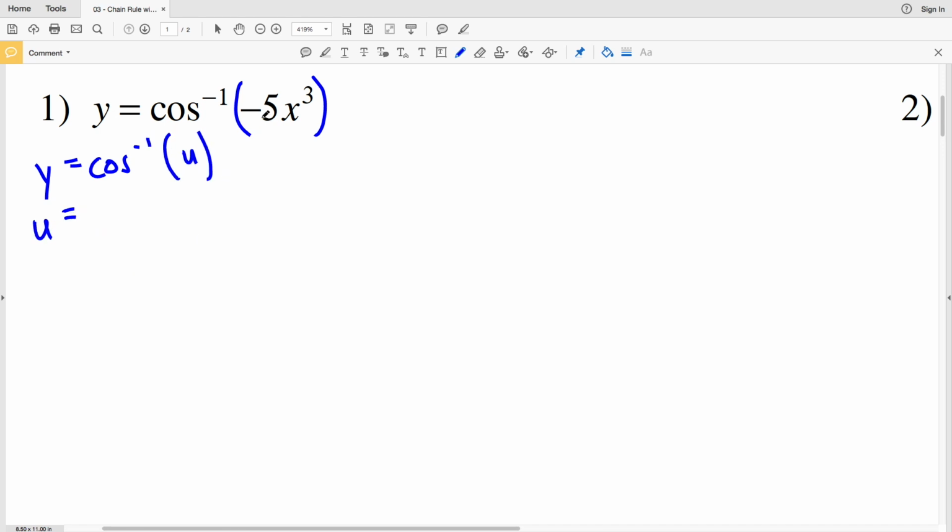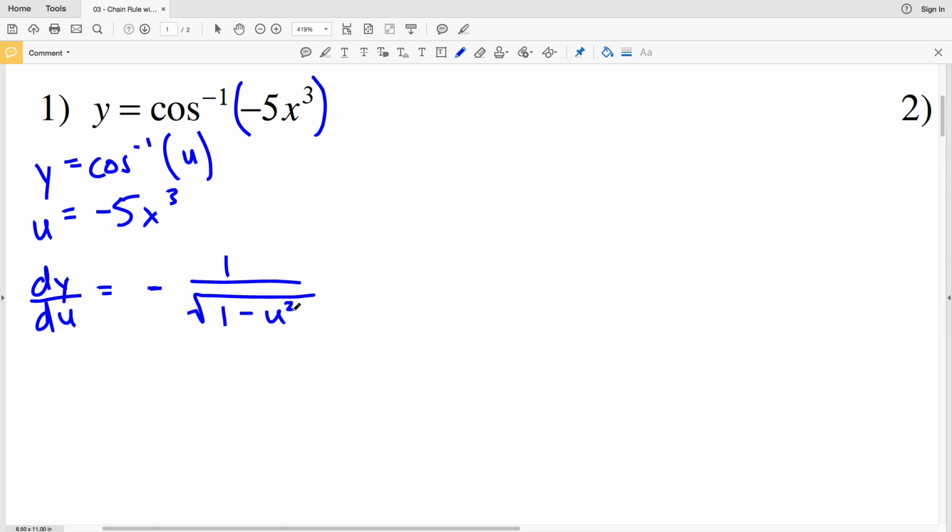And u is going to be that inside function of negative 5x cubed. So when we find the derivative of y with respect to u, remember the derivative of the inverse cosine is negative 1 over the square root of 1 minus the variable squared. So 1 minus u squared, since we're differentiating that with respect to u.